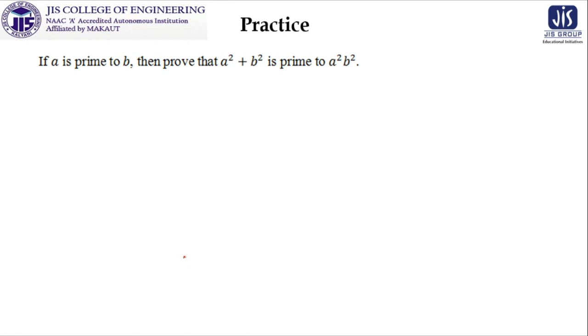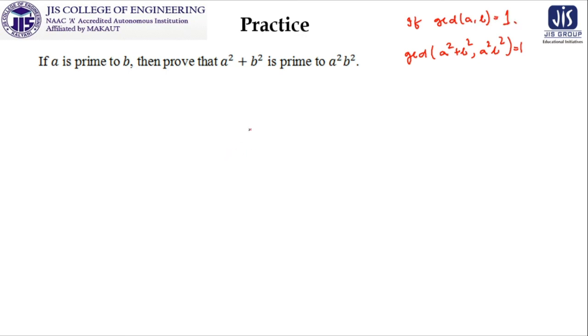Now another problem I am going to show: if a is prime to b, what does it mean? The same thing, GCD of a comma b is 1, that means they are co-prime. Then we have to prove that a square plus b square is also prime to a square b square, means our target is to prove that GCD of a square plus b square comma a square b square will be 1 if GCD of a comma b is 1.